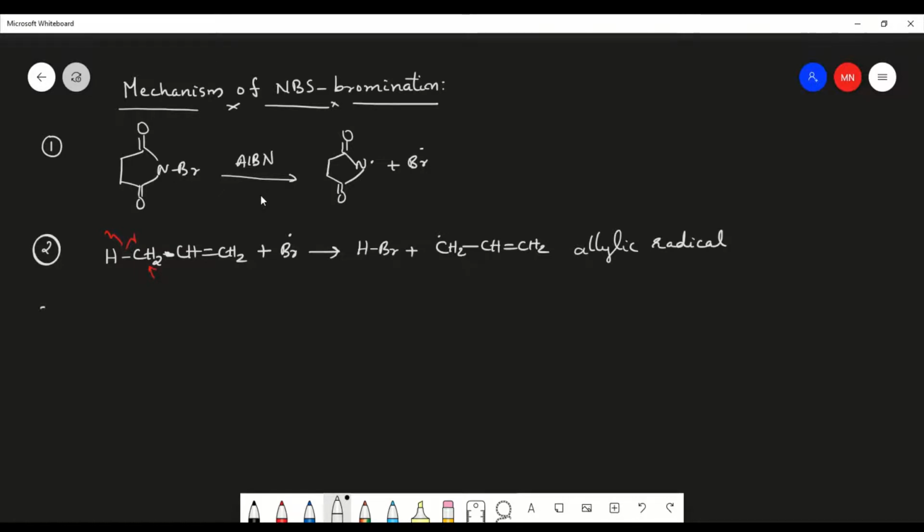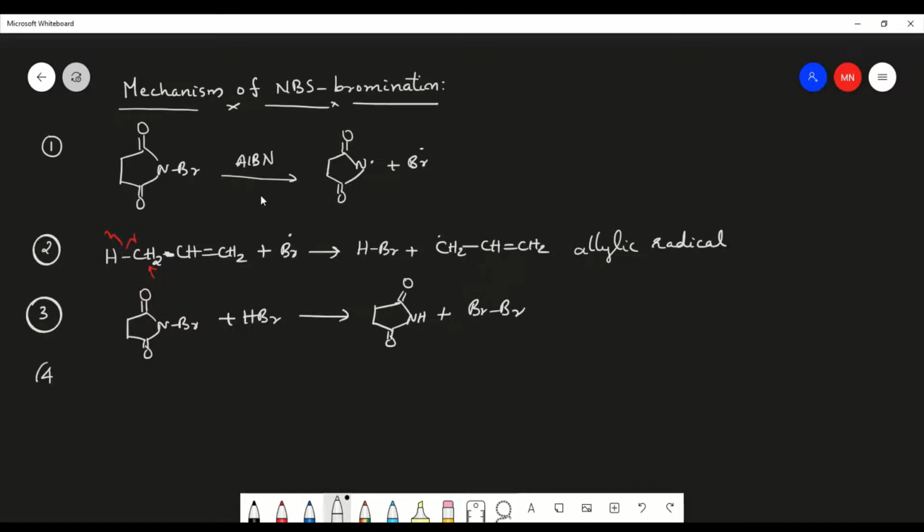Now in the third step, another molecule of N-bromosuccinimide comes into the picture and reacts with HBr, and the product is succinimide plus a bromine molecule.